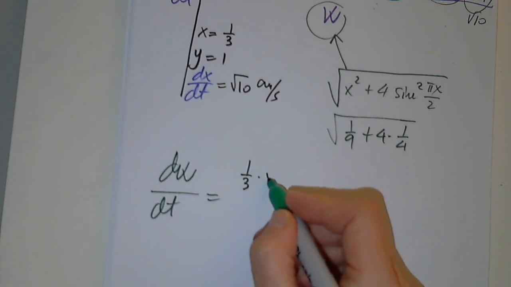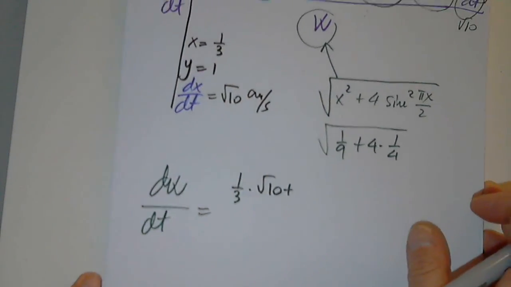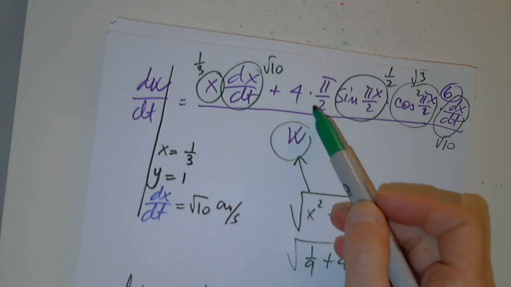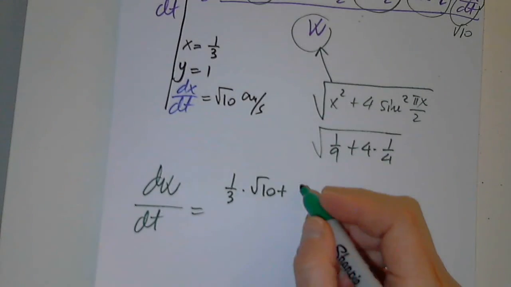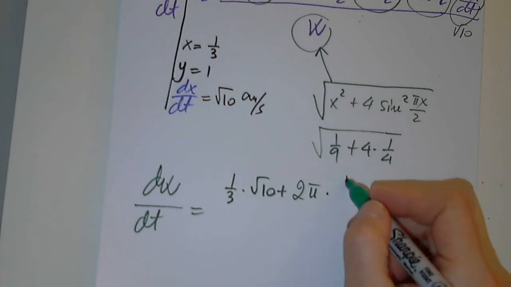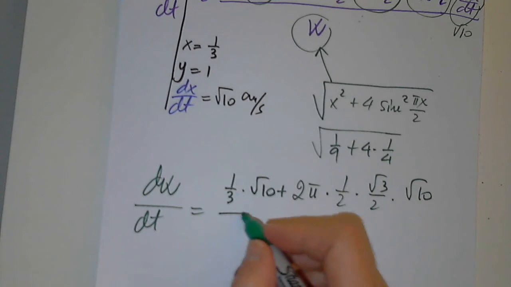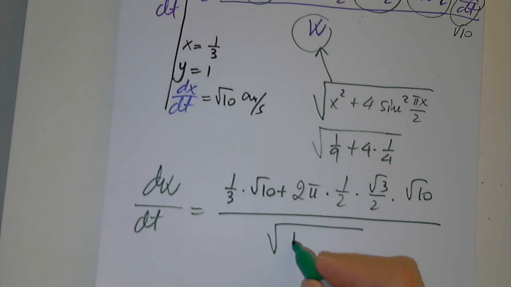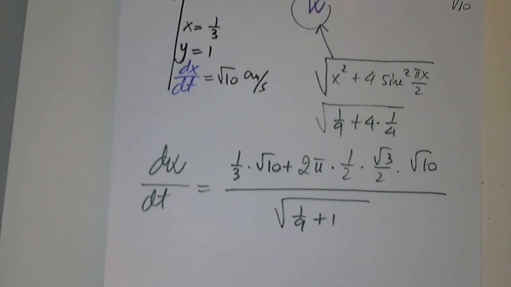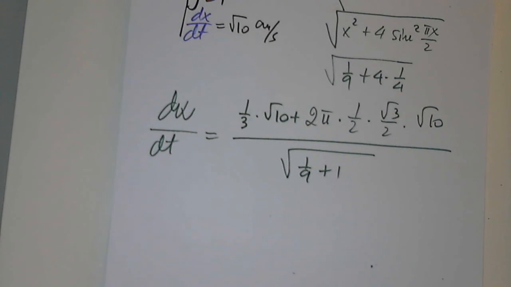So 1/3 times the square root of 10 plus, I will simplify 4 and 2 now. So I'm going to say 2 pi times 1 over 2 times the square root of 3 over 2 times the square root of 10, and everything over the square root of 1 over 9 plus 1. So I cleaned it up a little bit, and now we're ready to plug it into the graphing calculator and get the number.